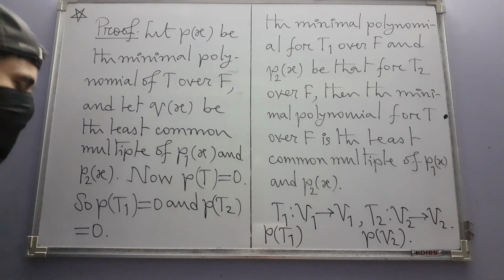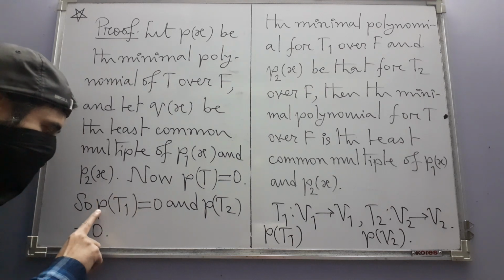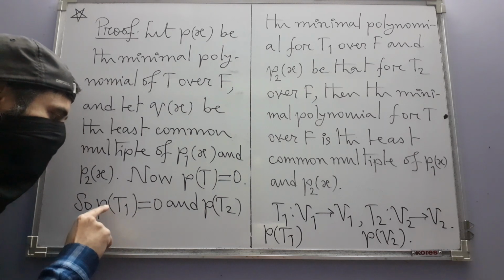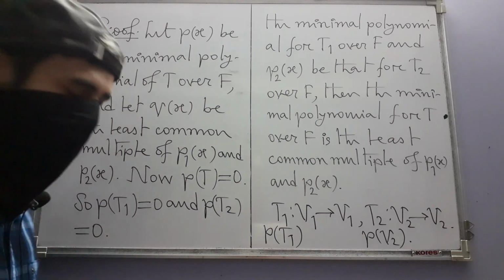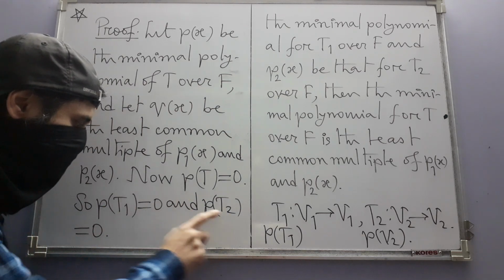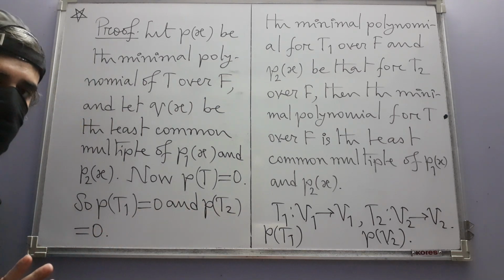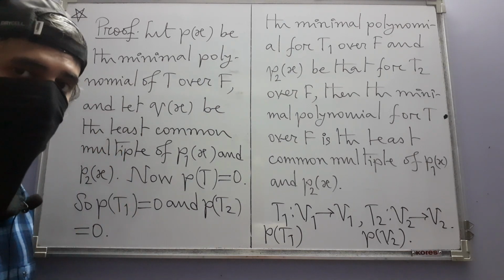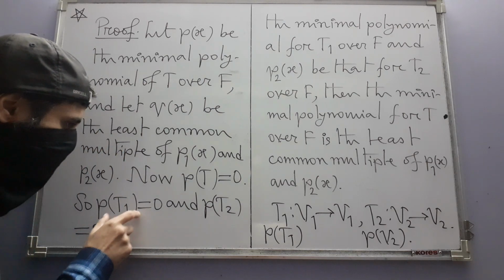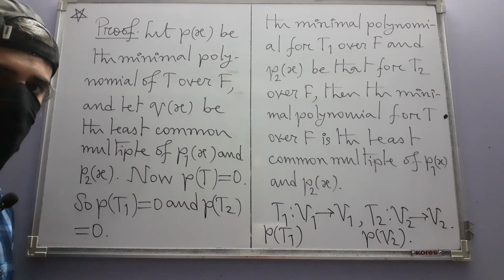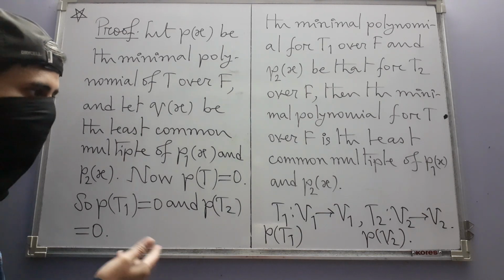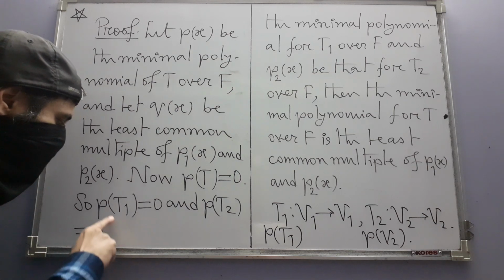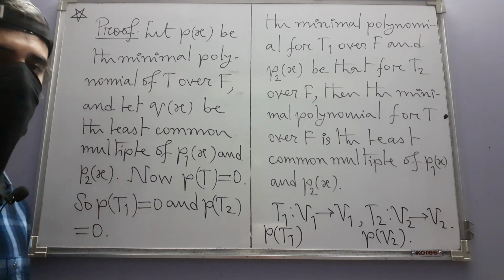Well, this single p is an annihilating polynomial for both T1 and T2 because of these things. But p1 is the minimal polynomial for T1, and this is any annihilating polynomial. So from properties of annihilating and minimal polynomials, we know that p1 will divide p(x).